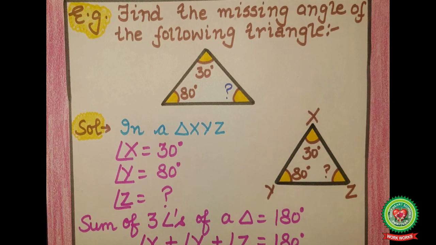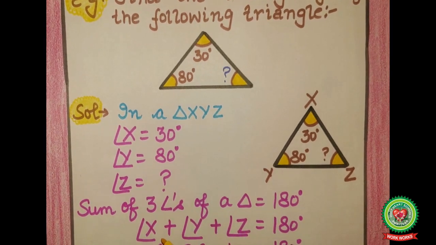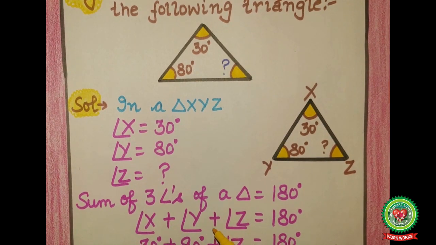Now students, which three angles given? See, angle X, angle Y, angle Z. So what I will write below angle sum property? Yes, angle X plus angle Y plus angle Z equals to 180 degree.